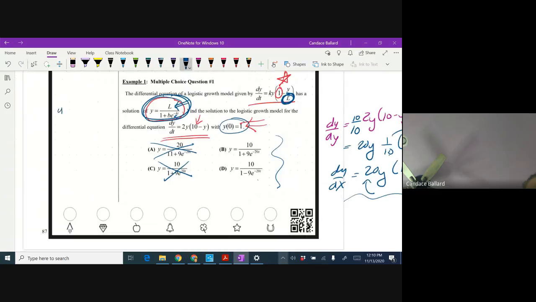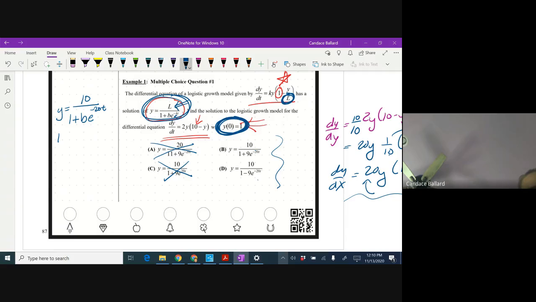I'm going to do it over here so we can see it. So y equals, I already know my carrying capacity, you all told me was 10, okay? 1 minus, or plus, sorry, B, I don't know B. I don't know K, but actually I do know K. It's negative 20, right? Now I'm going to plug in my initial condition.